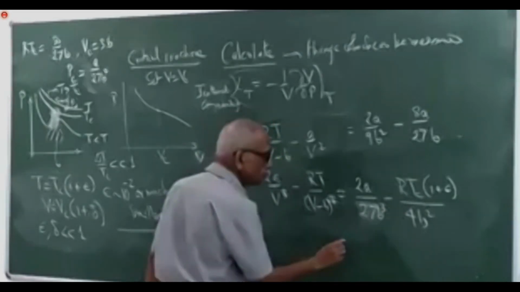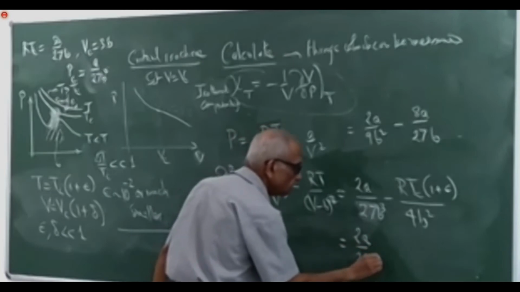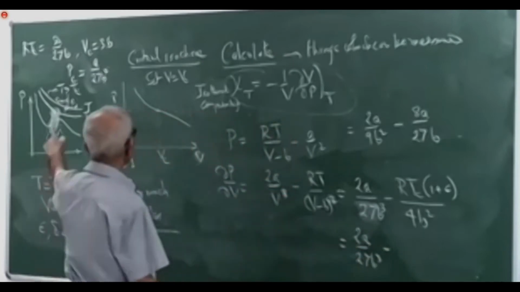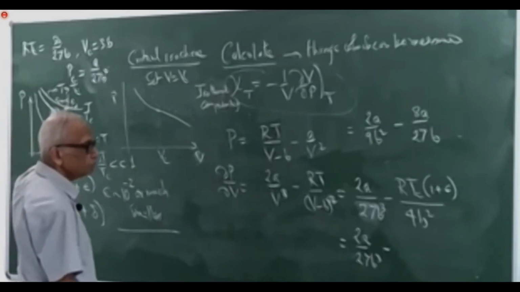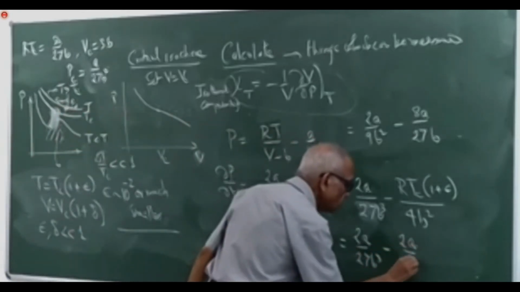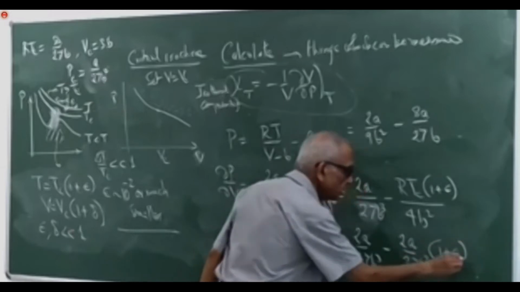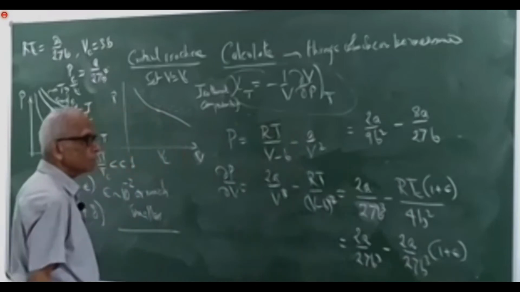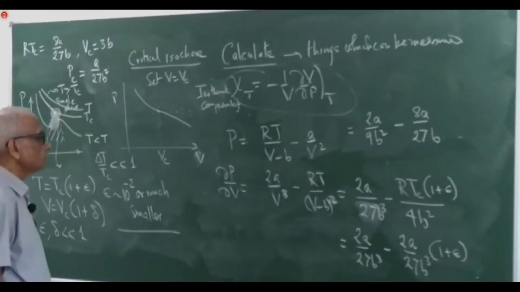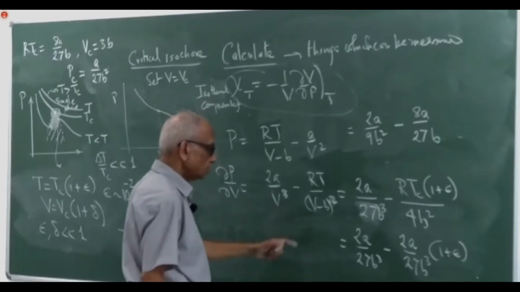So this is equal to 2A over 27B cubed minus RTC, which is 8A over 27B. So this is 2A over 27B cubed into 1 plus epsilon.